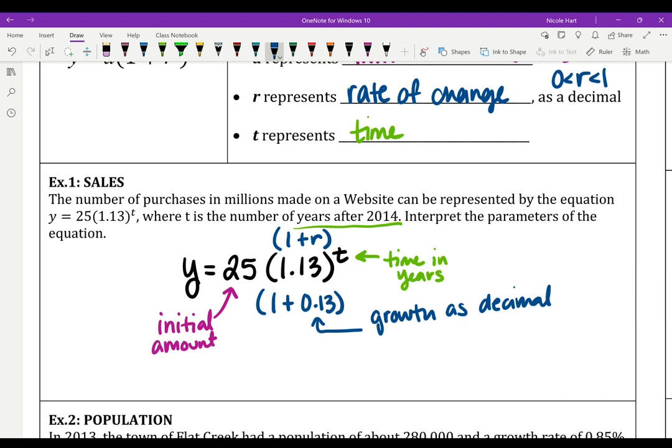But sometimes we are going to want to express that in a percentage, or it's going to be given to us in a percentage. So we need to know how to toggle between decimals and percents and vice versa. So to convert the decimal to a percent, we are going to take that decimal of 0.13 and we are going to move the decimal over to the right 2 places.